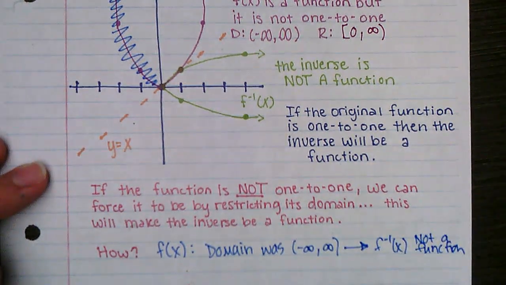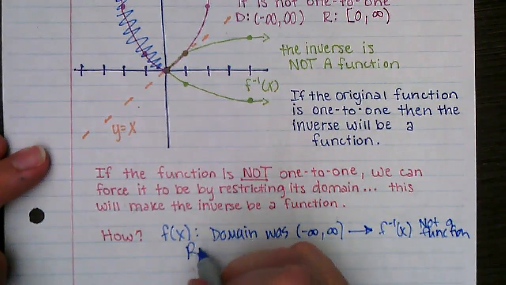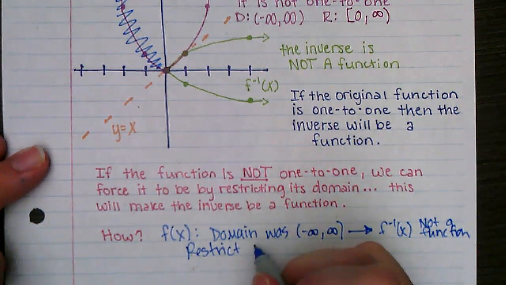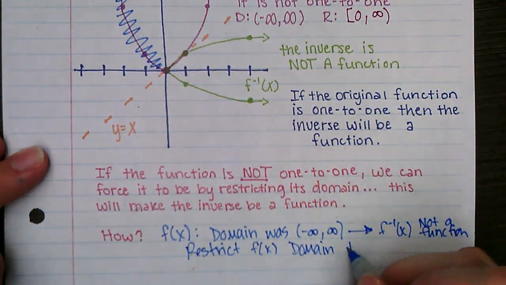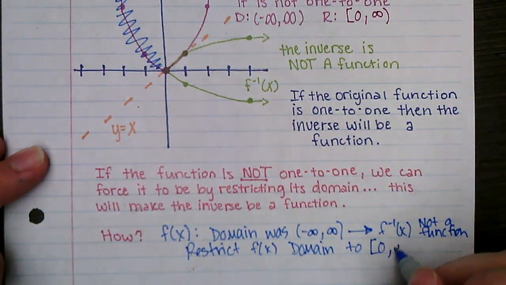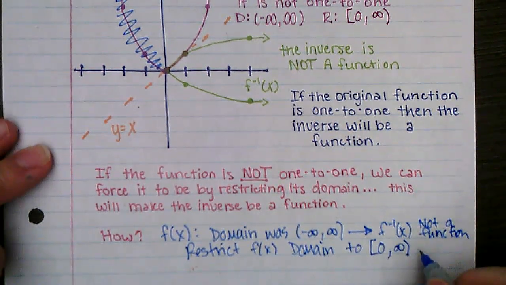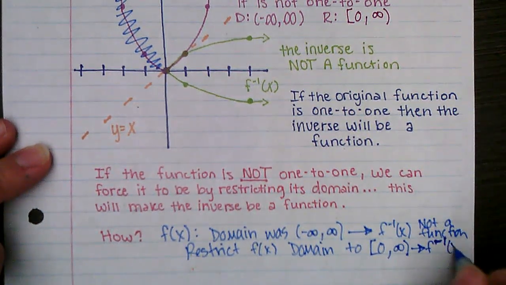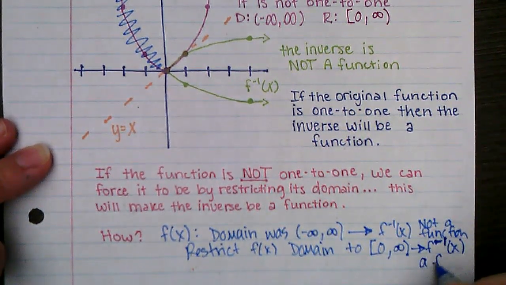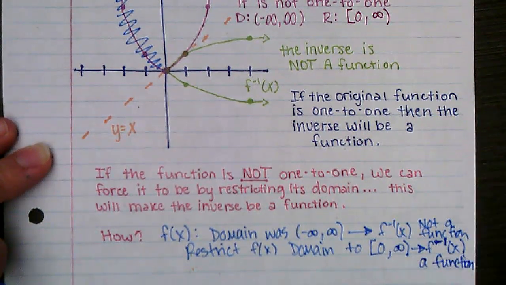So we want f inverse to be a function, so we are going to restrict f of x's domain to 0 to infinity. And that is going to make f inverse a function.